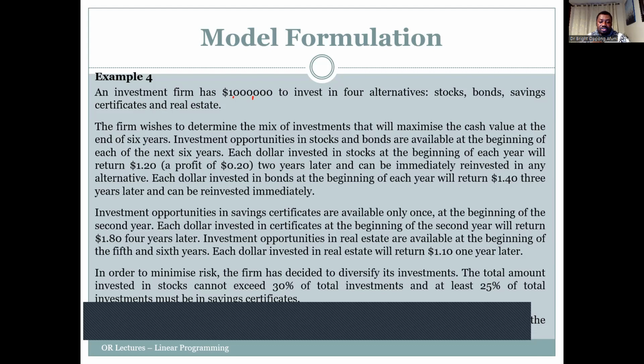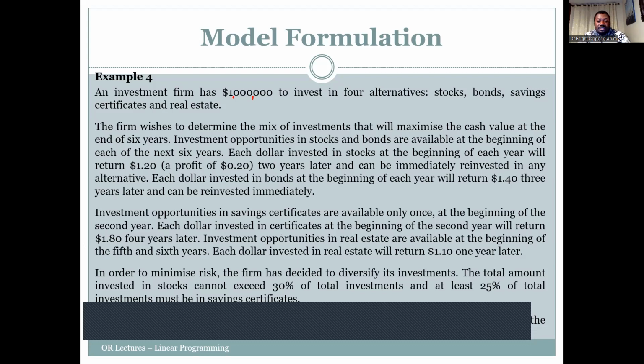Each dollar invested in stocks at the beginning of each year will return $1.2, that is a profit of 0.2, 2 years later, and can be immediately reinvested in any alternative. Each dollar invested in bonds at the beginning of each year will return $1.4, 3 years later, and can be reinvested immediately.